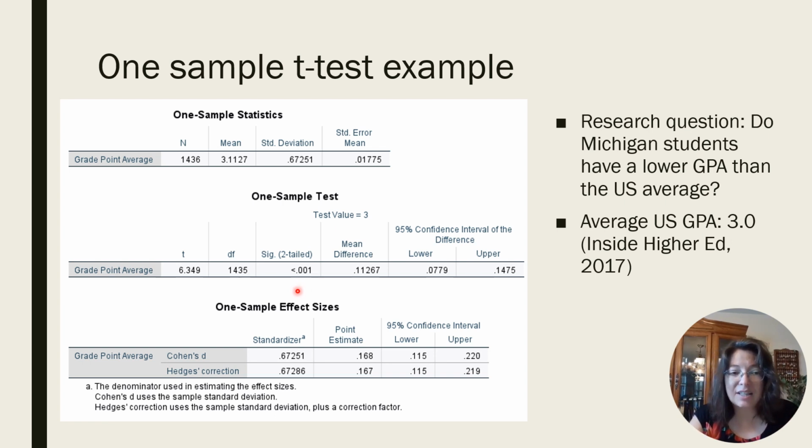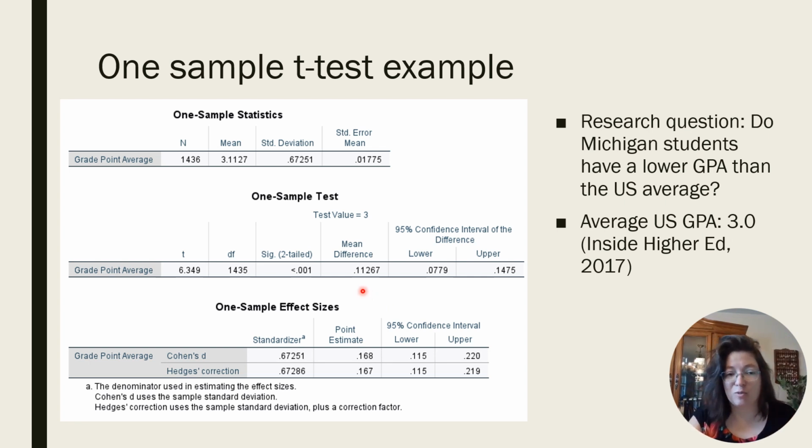And it says less than 0.001. So that means that we can reject the null hypothesis. So there is a significant difference between our sample of students and the national average. And then this fourth column of numbers here, the mean difference, that gives us just how large that difference is.